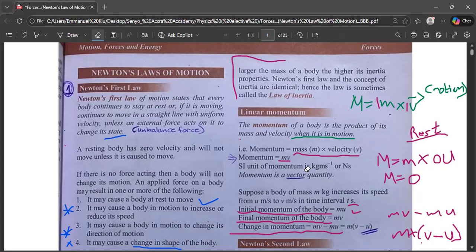If you divide it, you get 2 meters per second. So I'm asking you: let's say the ball is moving with 2 meters per second. What force is required to keep it moving at that speed?